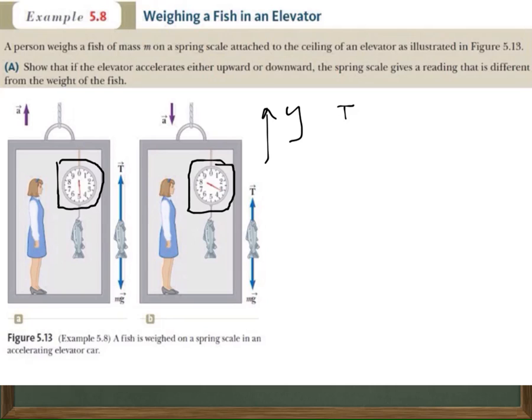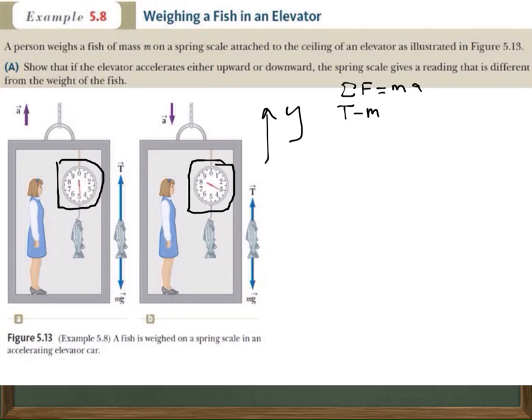From now on, the forces in the upward direction will be taken as positive, and the forces going downward will be taken as negative. Since the tension is up and the weight is down, weight is always down, so T minus mg, because the total force is equal to mass times acceleration.